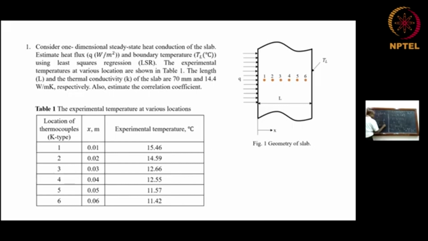Is this any good? I will check it. X equal to 0, right side is 0, T equal to T1. Not bad at all. X equal to L, X by L is equal to 1, T equal to T2. Yes, it is good. So far so good.